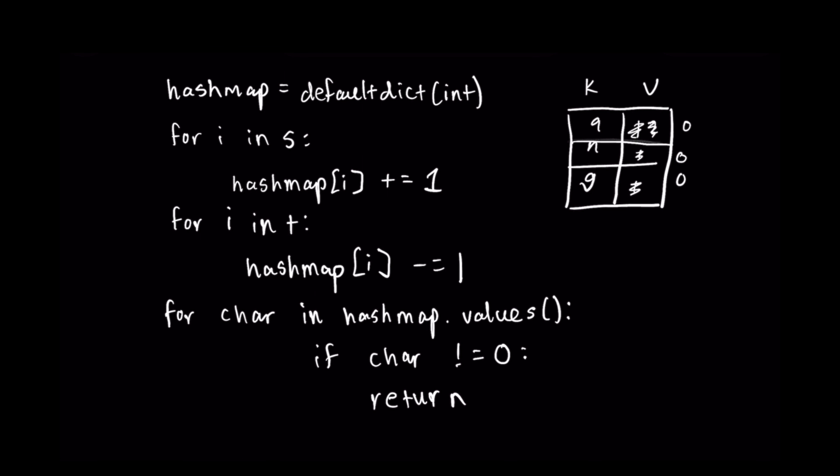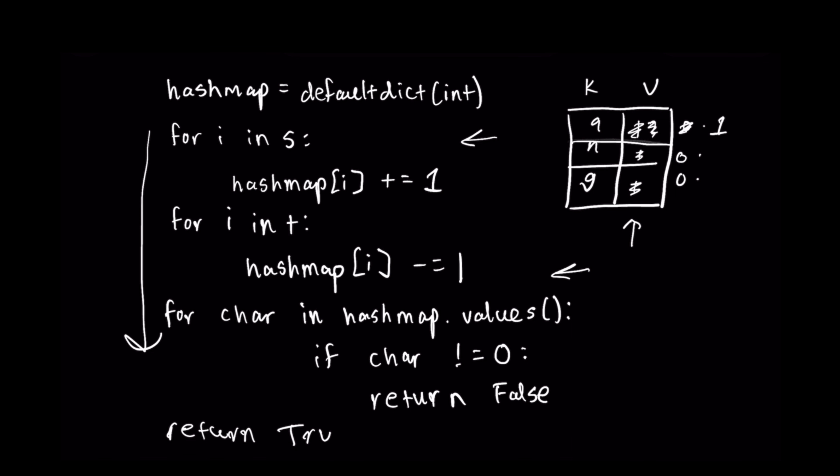Just to explain this a little better, we're looking at every character value in the values part of the hash map, so this side. If it's not equal to 0, we return false. We're doing that because if this was equal to 1, then we know that there was one more A in string S than there was in string T. And if this all passes, if we go through all this and we pass, we can return true.